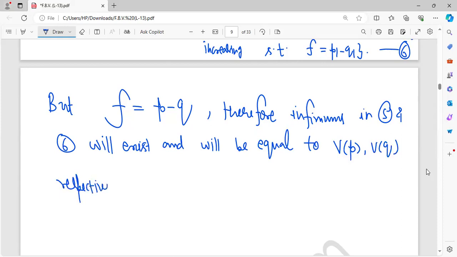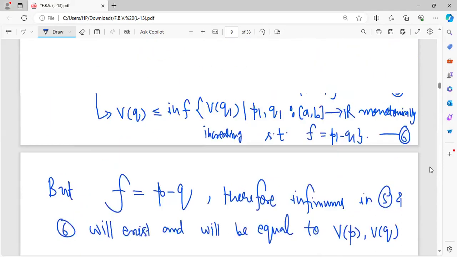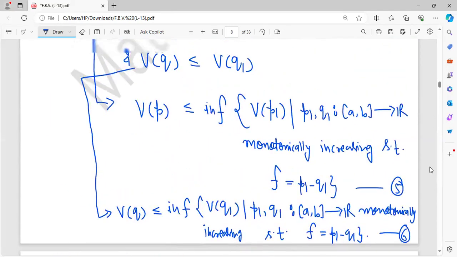Because I'm taking infimum, it is greater than or equal to VP, the lower bound. But VP is also a member of this family. So it means infimum will exist and that will be minimum of this family. Similarly, VQ is less than or equal to infimum of this. But Q is also a member of this family as F is equal to P minus Q. So infimum will exist and that will be minimum of this family and that is equal to VQ.